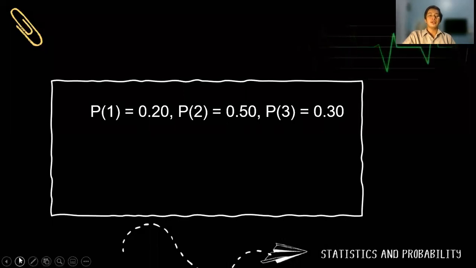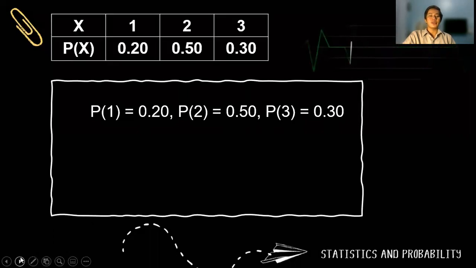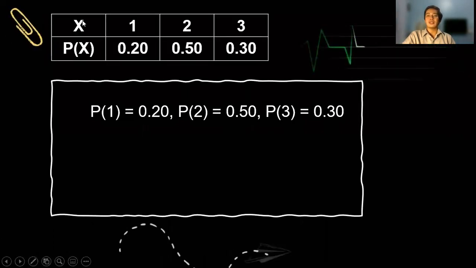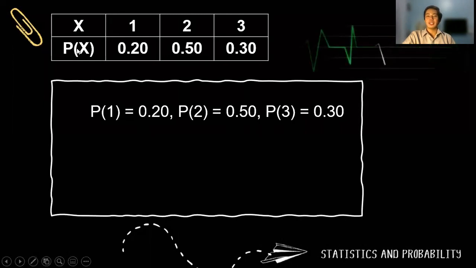Let's plot them on a table of values. So we have x and their corresponding probability of the random variable x. We have 1, 2, and 3 as random variables, and their corresponding probabilities are 0.2, 0.5, and 0.3.